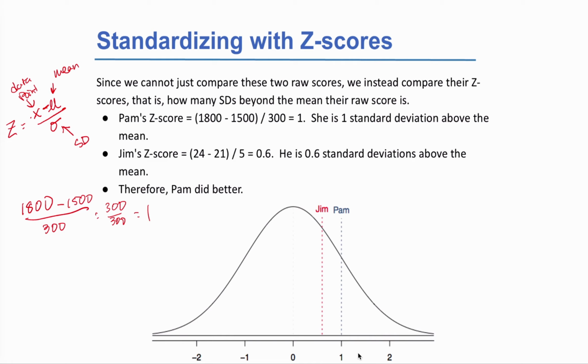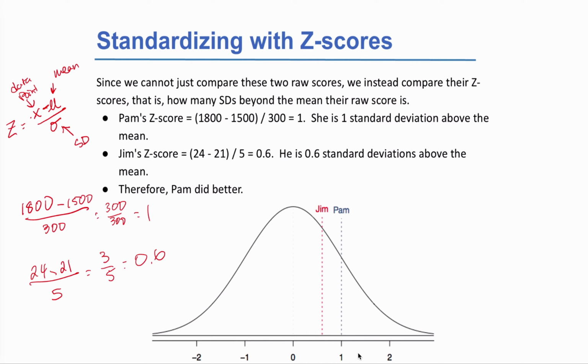Jim's z-score is 24 minus 21, the mean of the ACT distribution, over 5, the standard deviation for the ACT distribution, which is 0.6. So he's 0.6 standard deviations above the mean.